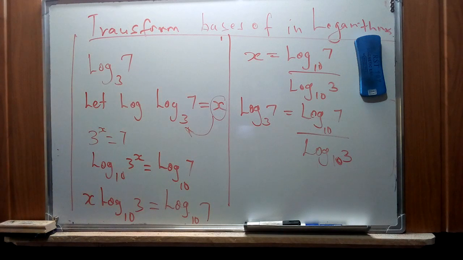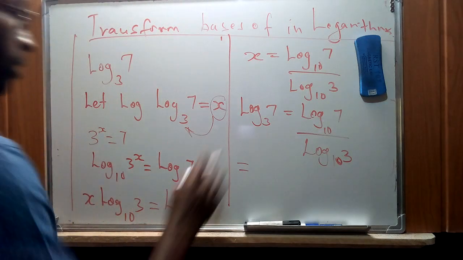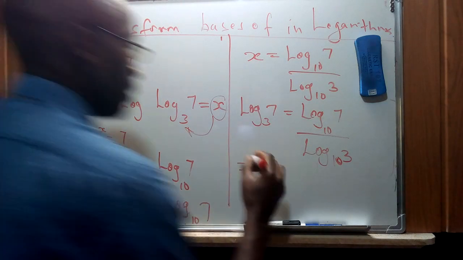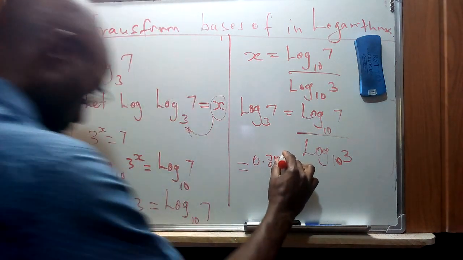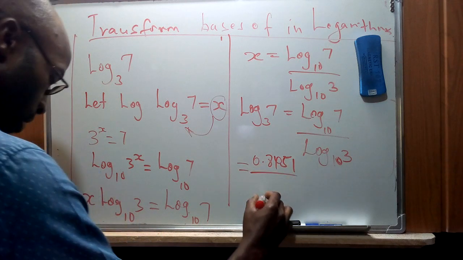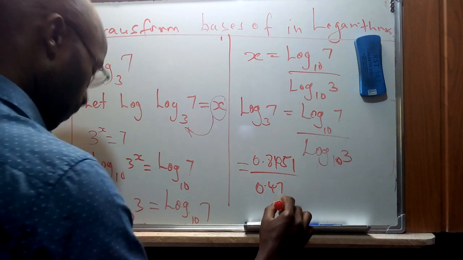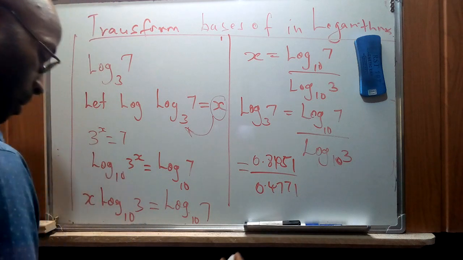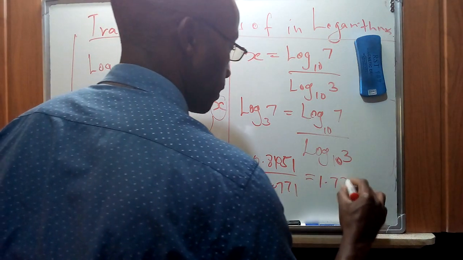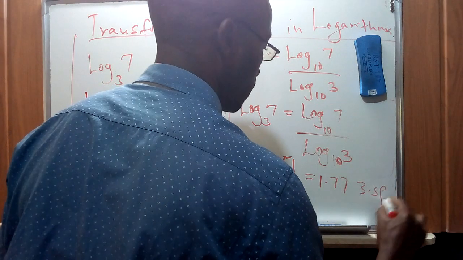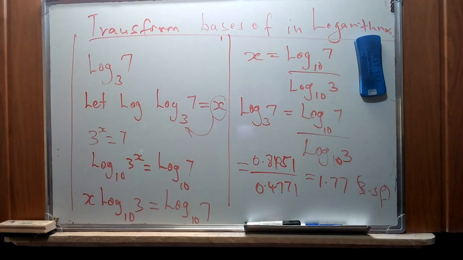In finding the values of those, we can just read them from the tables, and find log to base 3 of 7 is equal to 0.8451 divided by 0.4771, which is 1.77 to 3 significant figures. So please try to confirm the calculations. In any case, we are likely to make an error, but it's good that we are in a position to find it out and do a correction.